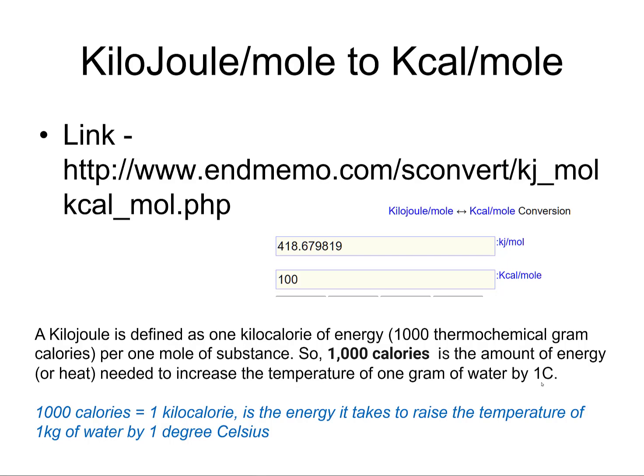Everyone's heated water before, and if you think of the amount of energy for 1 gram or 1 ml of water for 1 degree C, you can roughly know where 1,000 calories will get you. So relate that best you can when you look at how many calories a candy bar contains, and in order to burn that off so it doesn't go to fat, you've got to run for a certain amount of time, and your body will heat up.